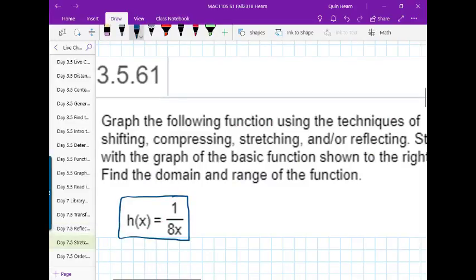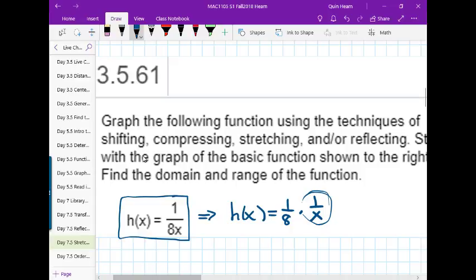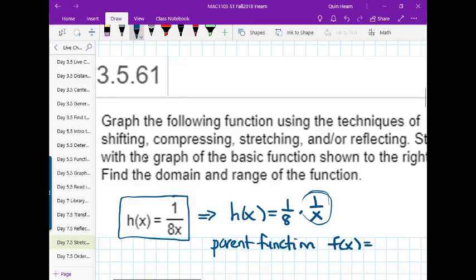Now 1 over 8x could be thought of as h of x equals 1/8 times 1 over x. So there you can see where the 1 over x is in our function. So the parent function would be f of x equals 1 over x.